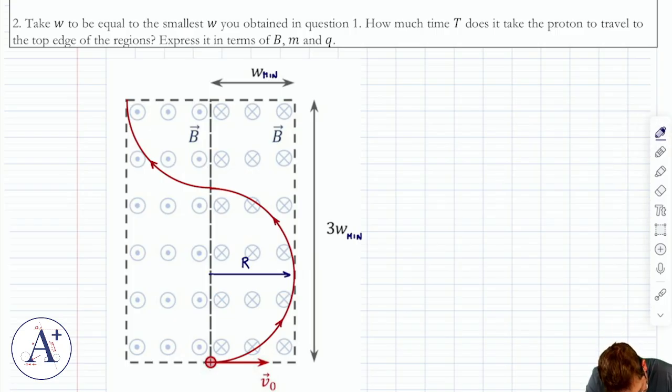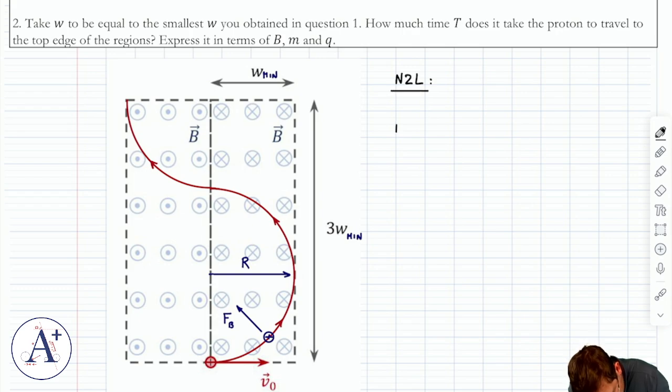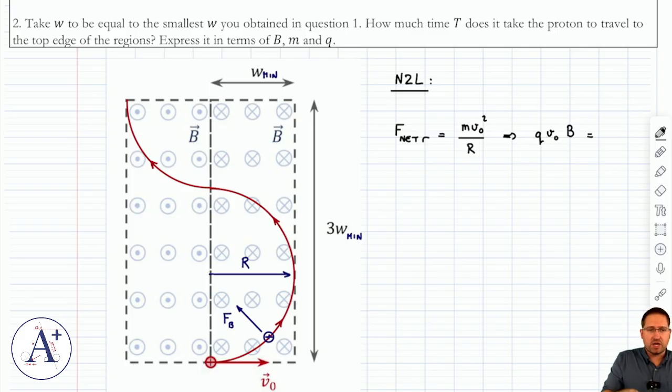Now to find that radius, recall that we write Newton's second law for circular motion with Fb, the magnetic force, being the only force toward the center. So by Newton's second law, I have F net R is equal to m v0 squared over big R, which is what I want. Okay, well that's Q, which is positive, v0, B, sine of 90 because B is into the page in either region, so it's always going to be sine 90.